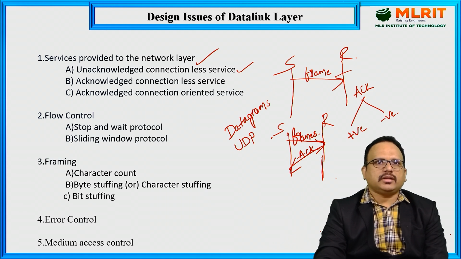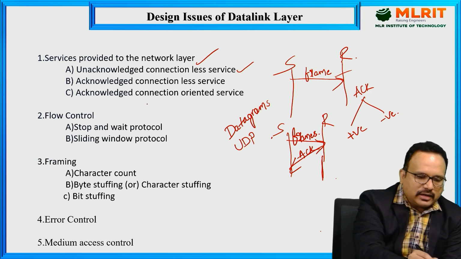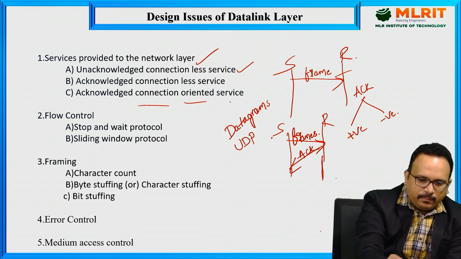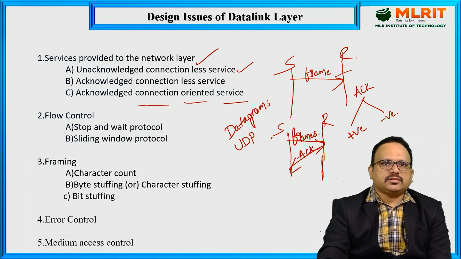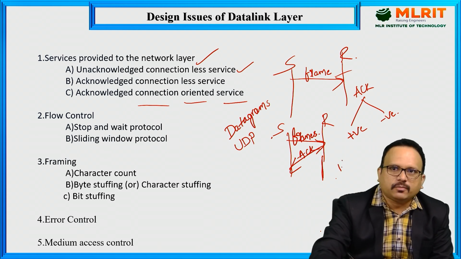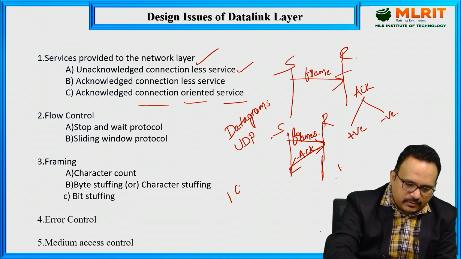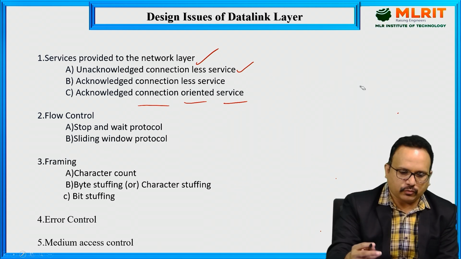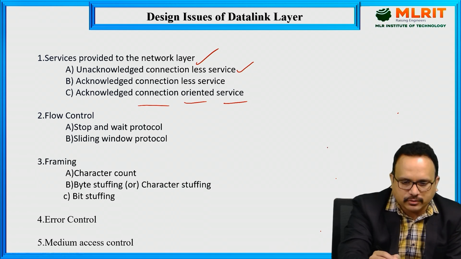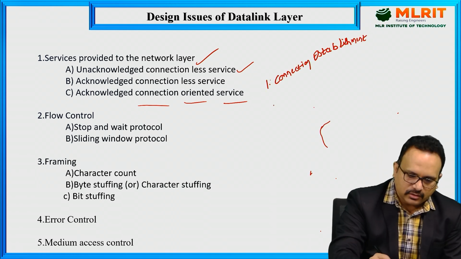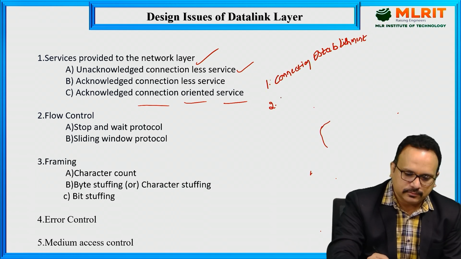And the third one is acknowledged connection oriented service. So in this particular connection oriented service, there are three steps that happen. First, connection must be established. Connection establishment. Second one, data transfer.